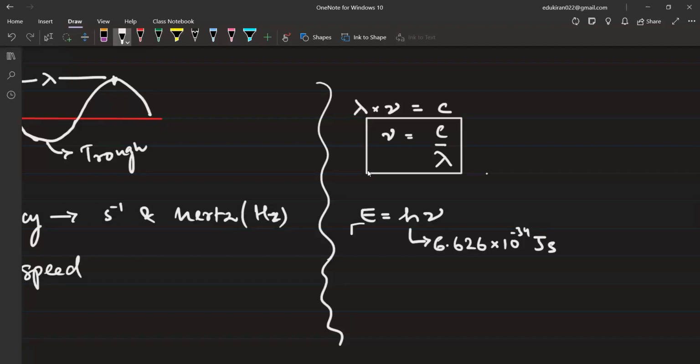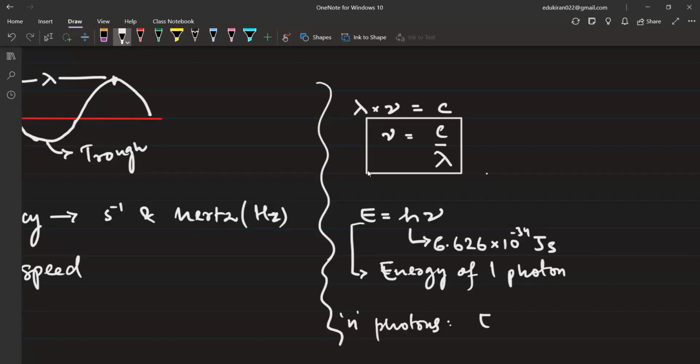This is the energy of one photon. If we have n number of photons, then it becomes E is equal to N h nu.